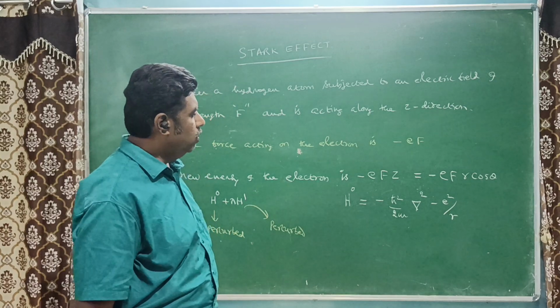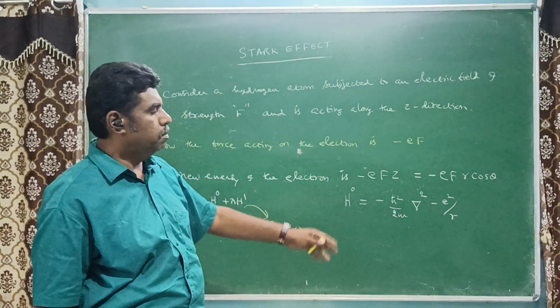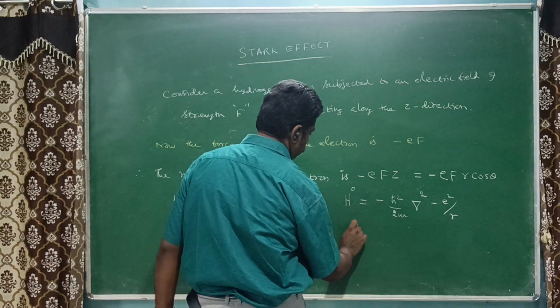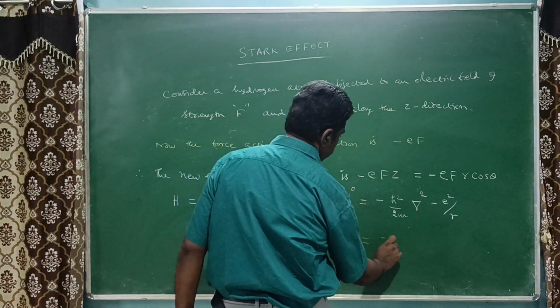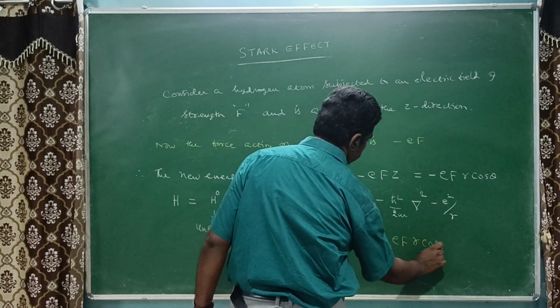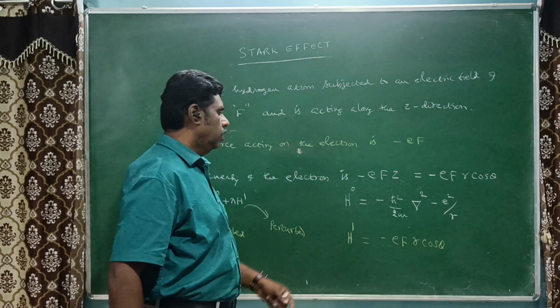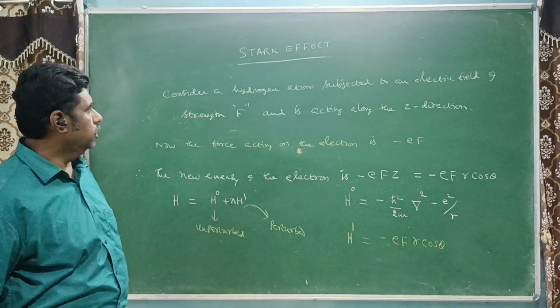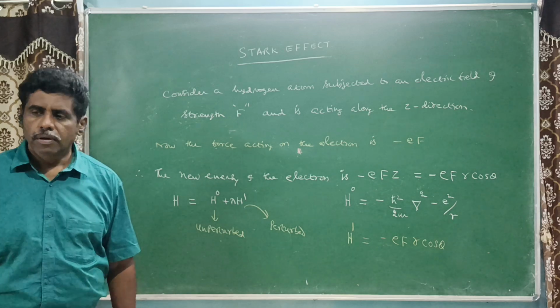Here the potential value is minus e square by r. This is our unperturbed Hamiltonian. Whereas the perturbed Hamiltonian is minus e F r cos theta. This is our perturbed term. Here the parameter lambda equal to unity.